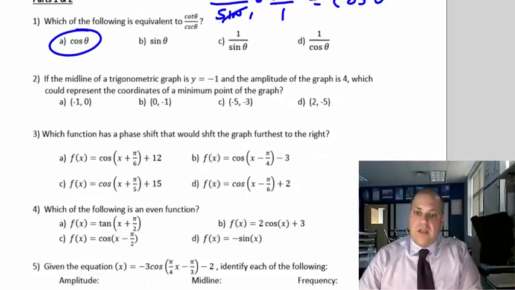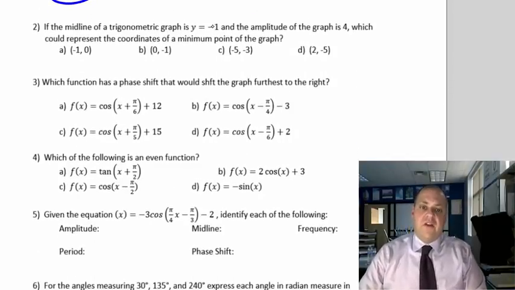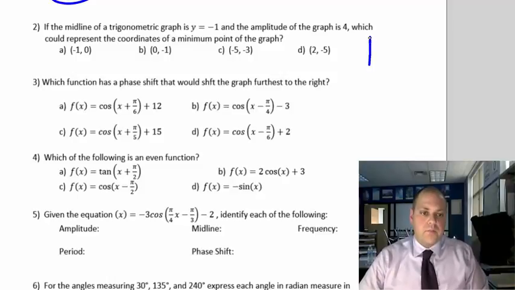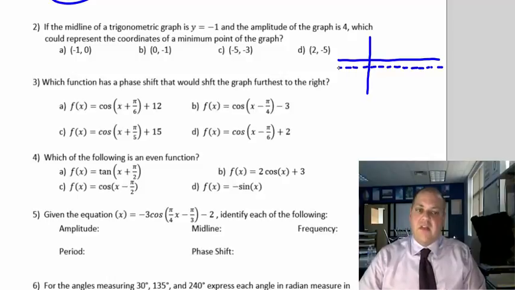If the midline of a trig graph is -1, let's draw this out real quick. So if the midline's -1, let's call that the midline, and the amplitude is 4, so we're going to go up 4, down 4. 1, 2, 3, 4.